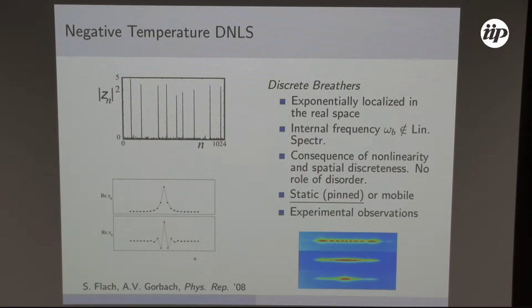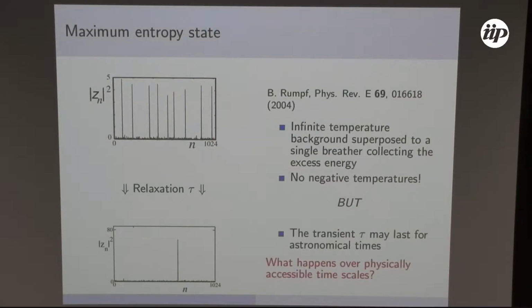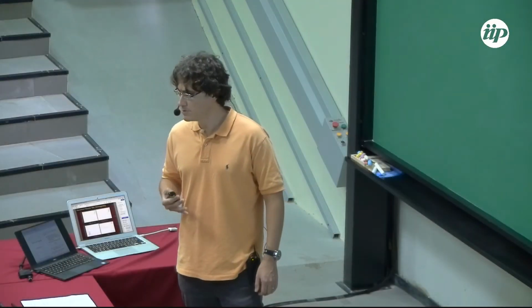Here we come to a quite subtle point, because there were some papers by Ben Rumpf on this discrete nonlinear Schrödinger equation that proved that, on the basis of entropic arguments, this typical state that you obtain, for instance, with simulation, does not correspond to the true equilibrium state.